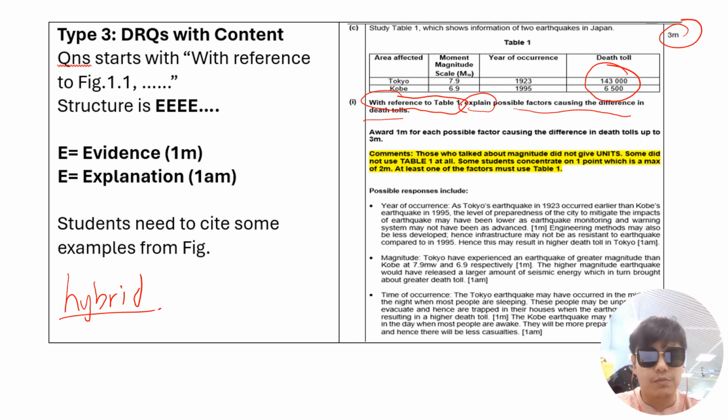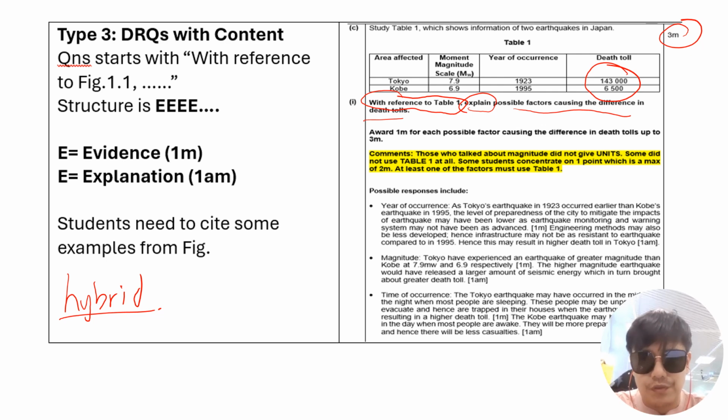Because you have learned so much about, in this case, earthquakes. You have learned that death tolls are different because of different extent of earthquake or different timing of earthquake, and so on and so forth. So we are trying to ask you to formulate an answer that shows us you have understood that link.